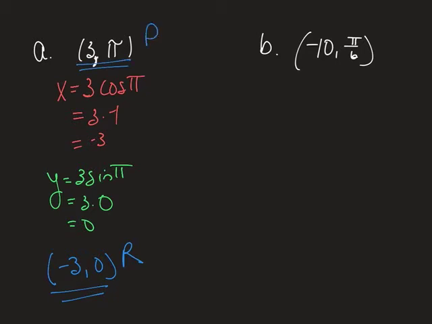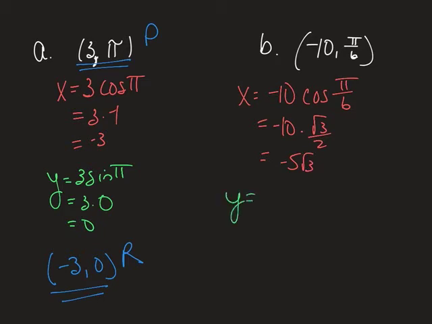And then if we do the same thing for the next one, we've got x equals the radius, negative 10, times the cosine of pi over 6. So negative 10 times radical 3 over 2 is negative 5 radical 3. And then our y value is going to be negative 10 times the sine of pi over 6.